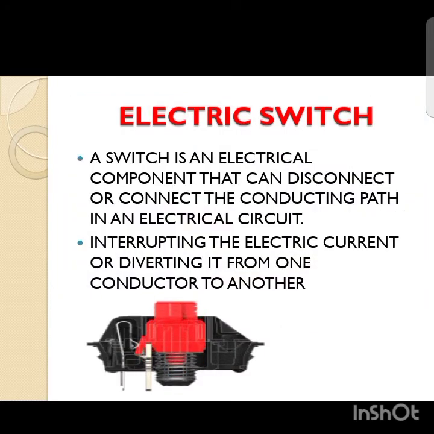Electric switch. A switch is an electrical component that can disconnect or connect the conducting path in an electrical circuit, interrupting the electric current or diverting it from one conductor to another.